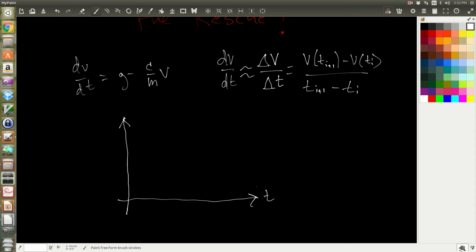So this is time, and this is our v of t. Now what I'm going to do is just mark some values for t. We'll call this value of t t sub i, and this value t sub i plus 1. And let's draw our function here. Let's say our function looks something like this.